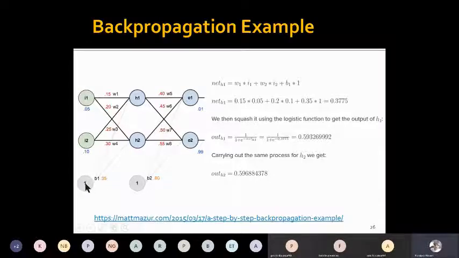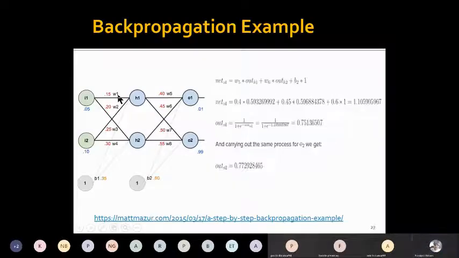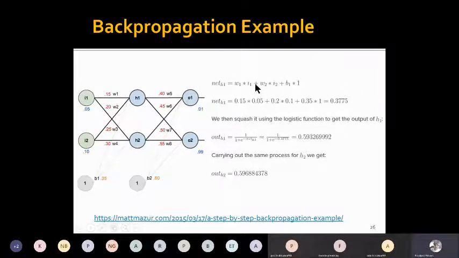And here B1 and B2 are the bias nodes. Their values are 1 and they will not change. Right. So net H1, that means what is coming to H1. See, W1 into I1, 0.15 into 0.05, plus W2 into I2, 0.2 into 0.1, plus B1 into 1.